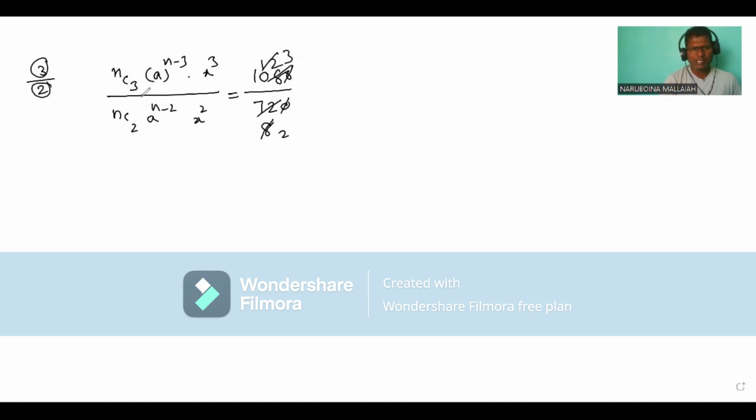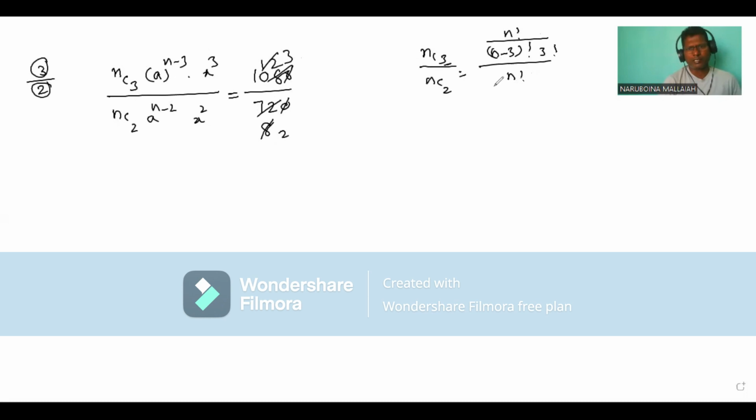This side nC3 by nC2. Now we have to simplify. nC3 by nC2. See, I am writing factorial n by n minus 3, difference of these two: n minus 3 factorial. Next 3 factorial.